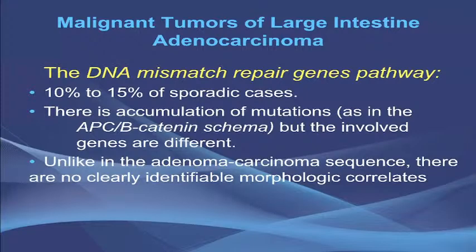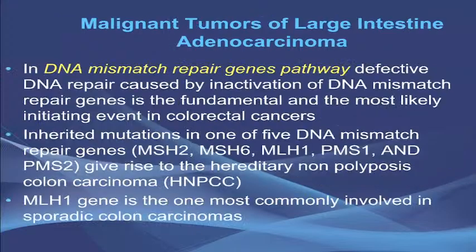So unlike the adenoma carcinoma sequence, there are no clearly identified morphological correlates. In the DNA mismatch repair gene pathway, the defective DNA repair caused by inactivation of DNA mismatch repair genes is the fundamental and most likely initiating event in colorectal cancers.